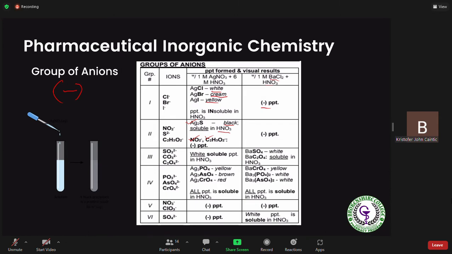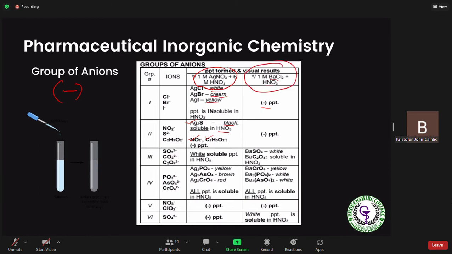So again, just try to see the different ions or anions with their respective results under the different reagents, which are your silver nitrate plus nitric acid and your barium chloride plus nitric acid.